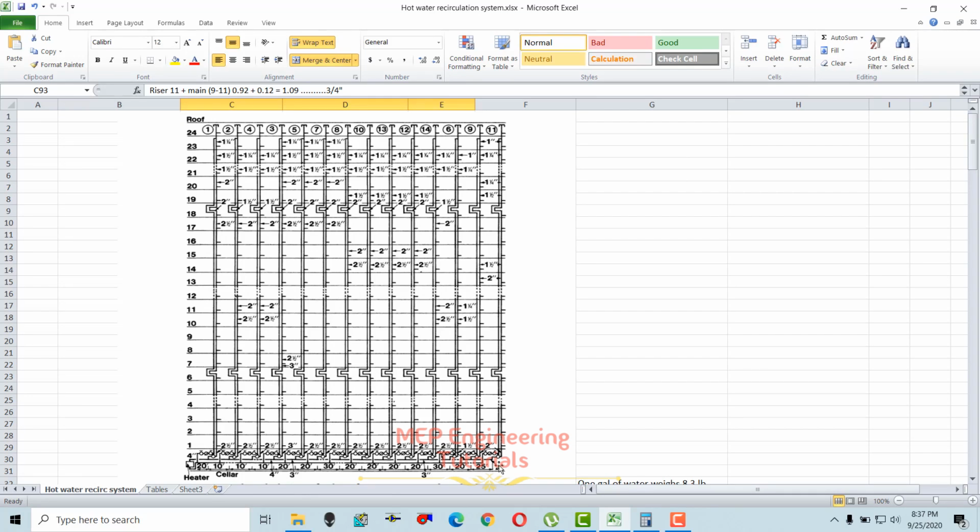So we'll go one by one and calculate the recirculation pipe sizes up to the water heater. Here you have section 11, this is riser 11, and we are going to get the size for this horizontal pipe, this one. So this is 11.